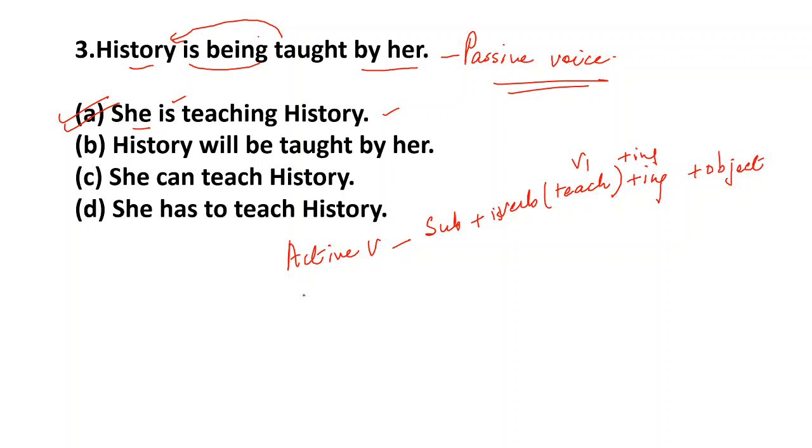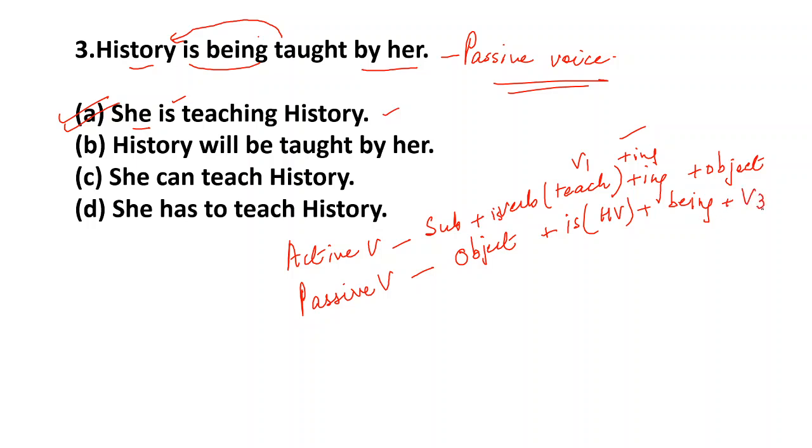She is teaching history. And in passive voice, what was there? It was object comes first. That is, history comes first. Is, the helping verb, is there, plus you have to put being. When there is a continuous tense, you have to put being in the passive voice. Plus V3 has to be there, being taught, plus by the subject.